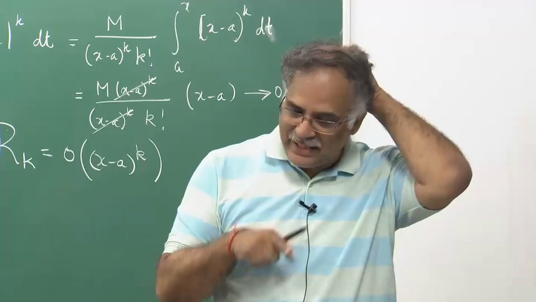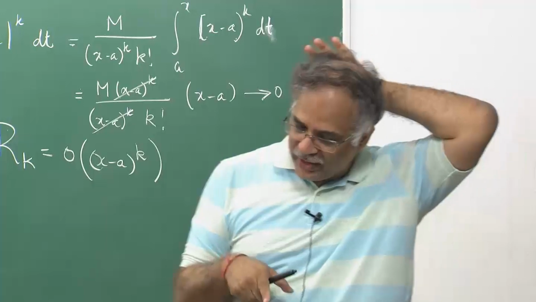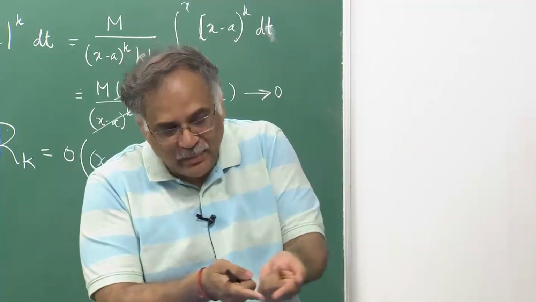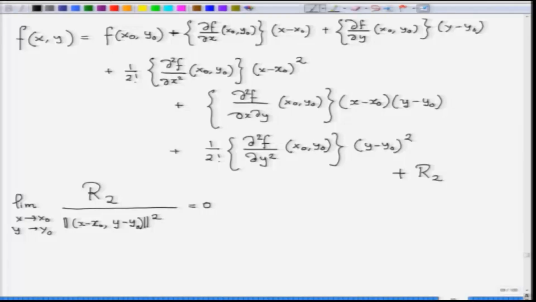That is exactly what they are trying to say, that when x and y are coming nearer and nearer to x0 y0, the error value is going down faster and faster. So, R2 is called the small o of the norm of x minus x naught, y minus y naught whole square.